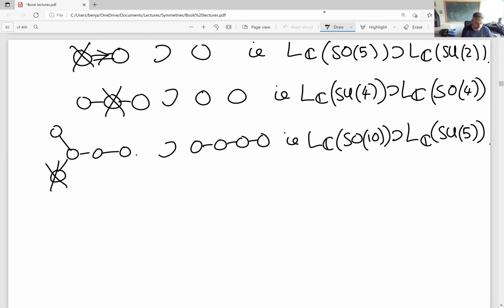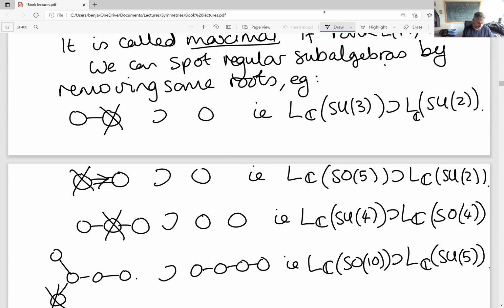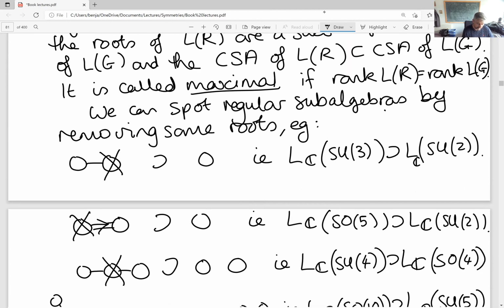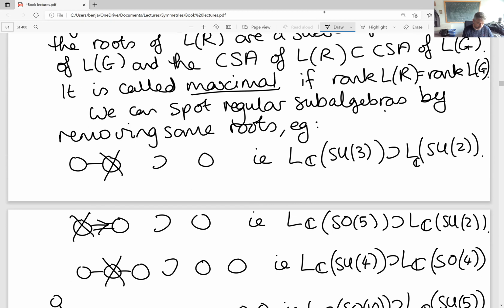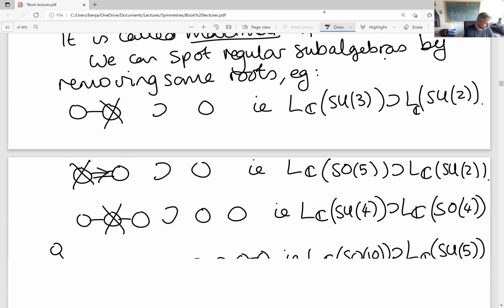Now, we're never going to find maximal subalgebras by removing roots, because maximal subalgebras have the same number of roots.